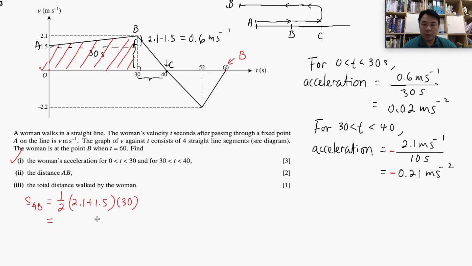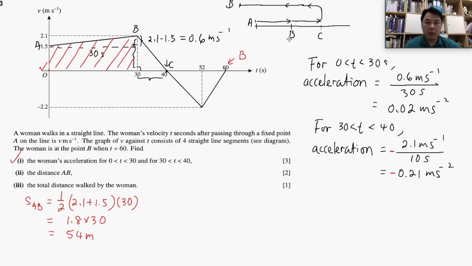Let's see what we have. There is a 3.6, 1.8 by 30. Therefore, you have here 54 meters. So the first distance, traveling from A to B, takes her 54 meters.